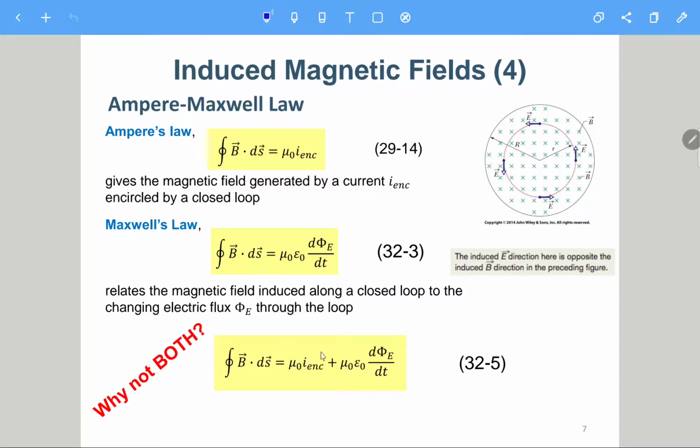If we don't have a constant current, and only have the changing E field, then this term will vanish, and then this law will change to Maxwell's law. So we can directly use this one, and depending on the situation, sometimes one of the terms will just vanish.